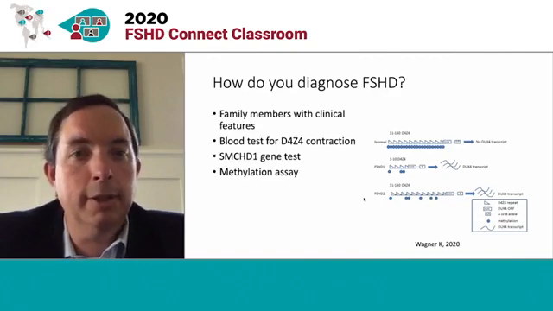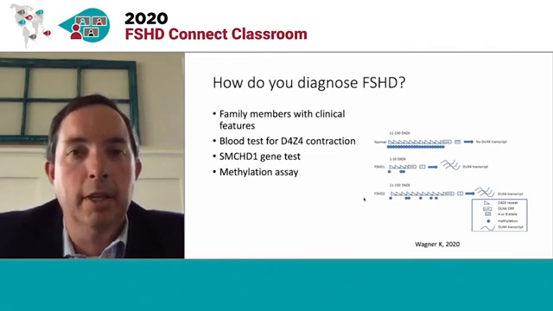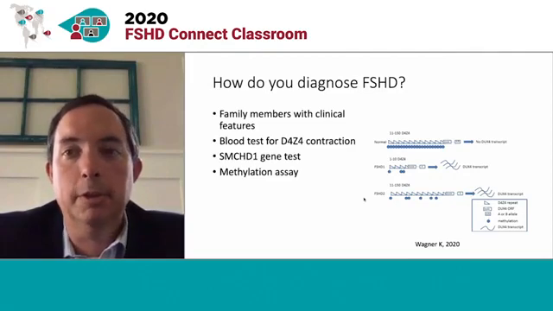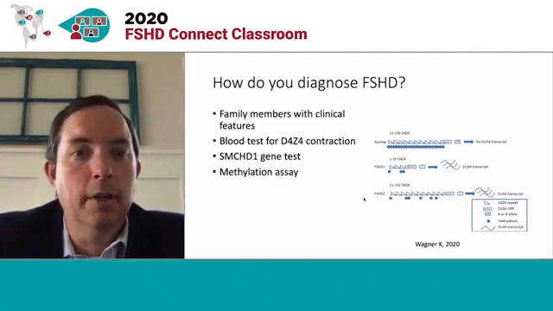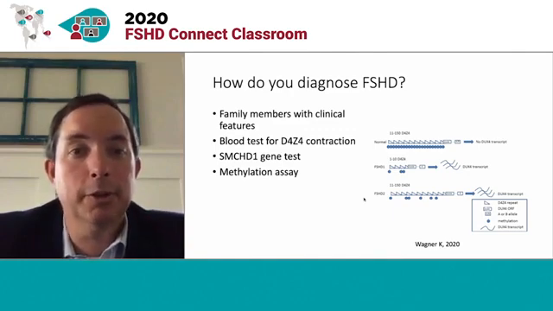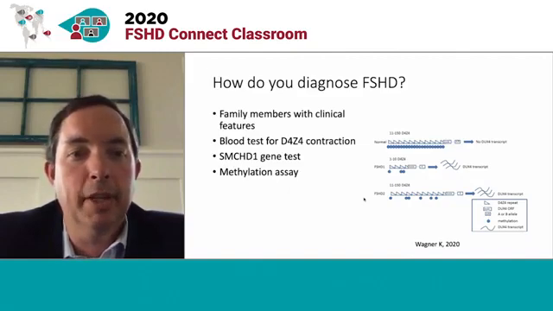As I said, we know it's an autosomal dominant condition, and we make a very strong assumption that, if your father had FSHD and they had a genetic diagnosis showing that they had 8 repetitive elements, and you have signs and symptoms of FSHD, there's a pretty good chance that you have about 8 repetitive elements as well. So one common way to diagnose FSHD is frankly just to see who else in the family has the condition and make a clinical diagnosis based on the signs and symptoms.